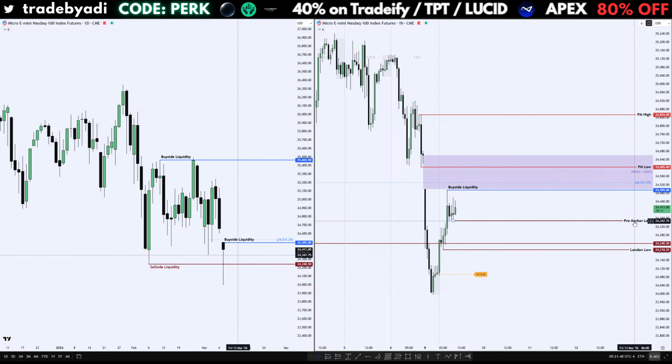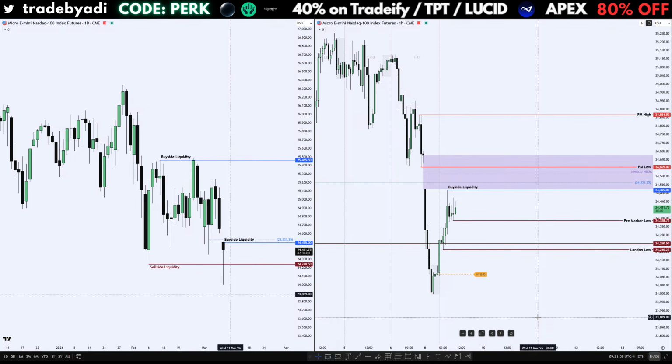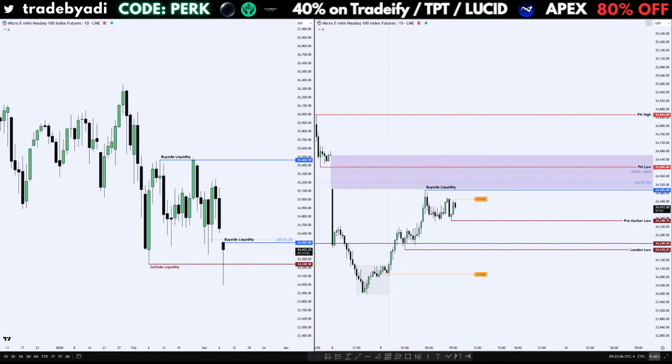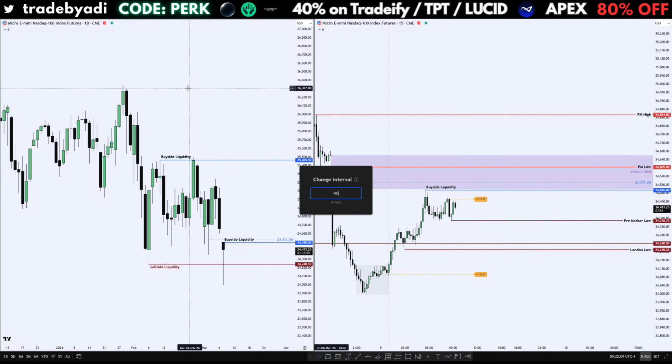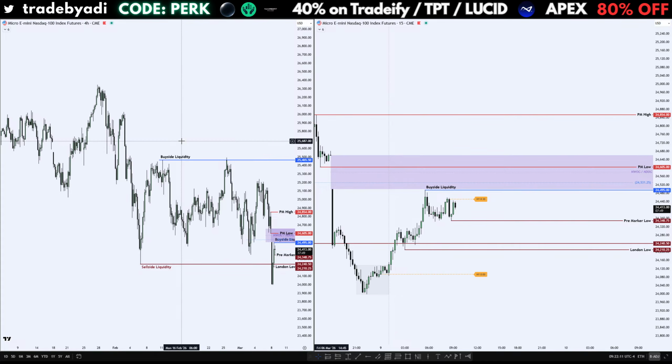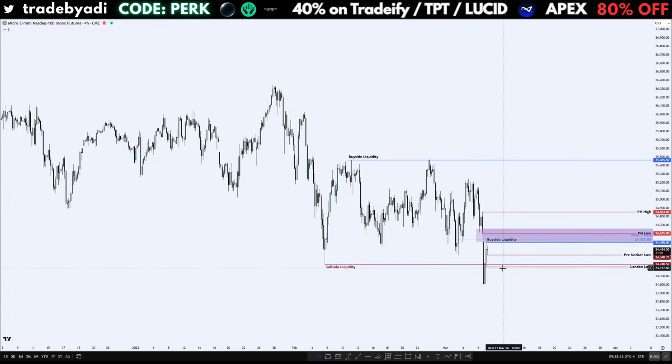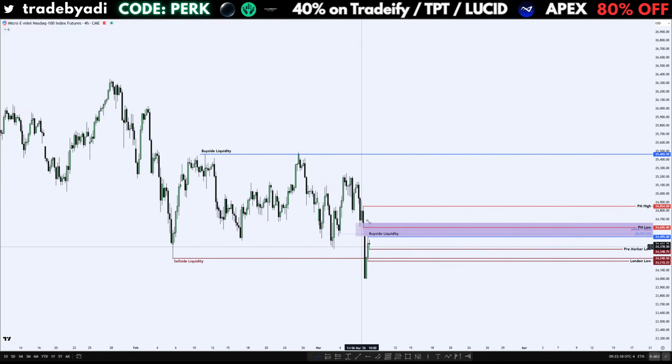For us, the nearest draw on liquidity will be the pre-market low and the London low, just because London has not made any significant low. Yeah, this is the reason. And also the Asia low is open. The only thing I will not like is if we enter into this consolidation and again chop.